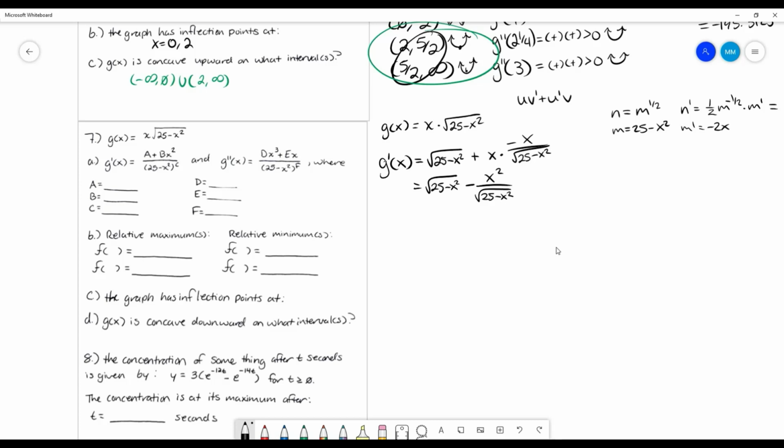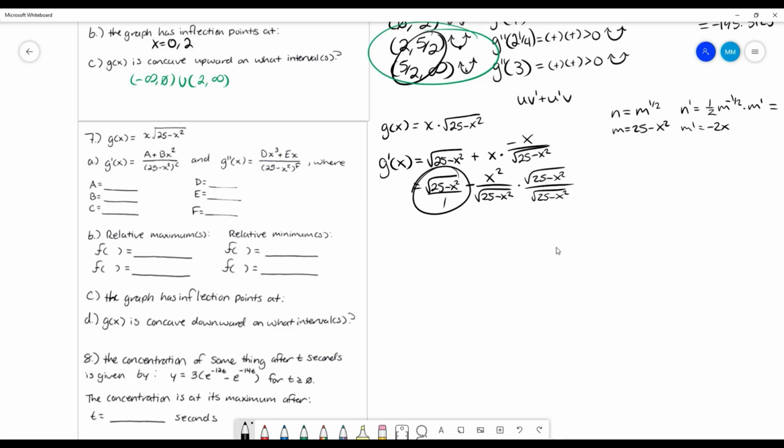So let's try first giving these a common denominator so we can put those together. So I'm going to multiply by this, top and bottom. So it's going to be 25 minus x squared over 25 minus x squared.